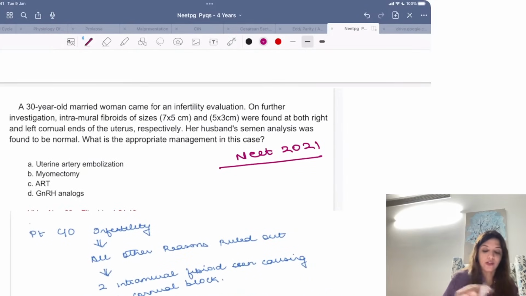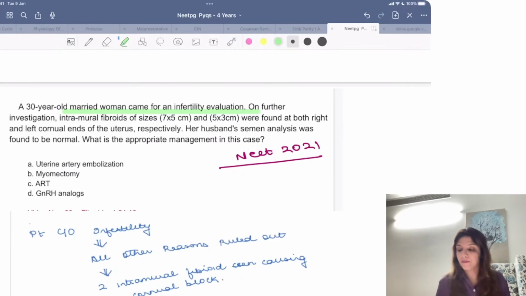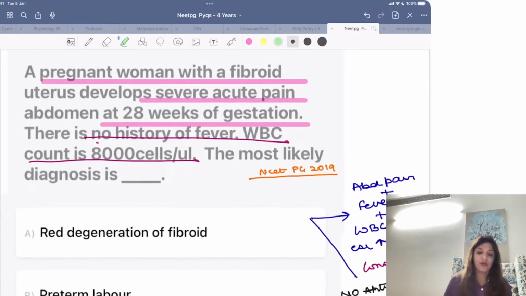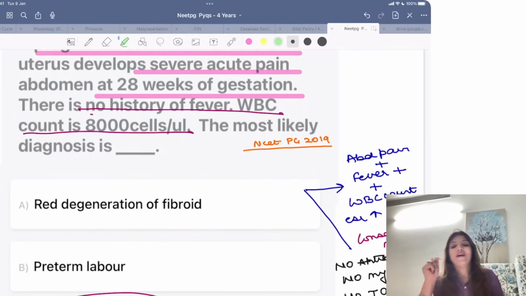A 30-year-old married female came for infertility evaluation. How to exclude preterm labor? Okay. So tell me, in preterm labor, is the patient going to say severe acute pain in abdomen?